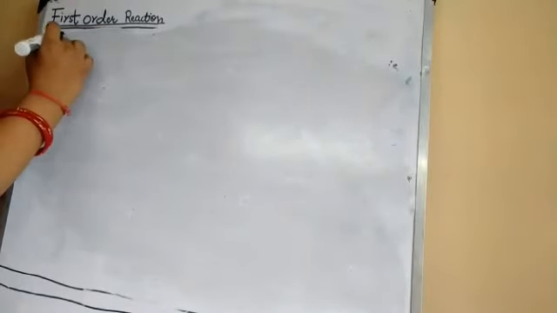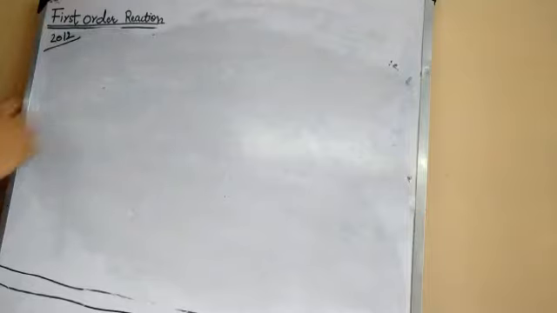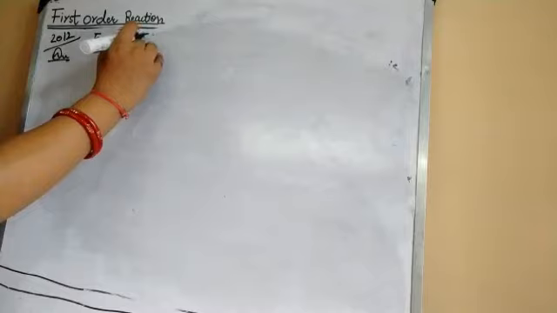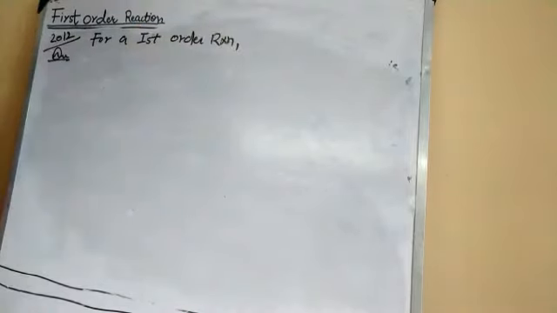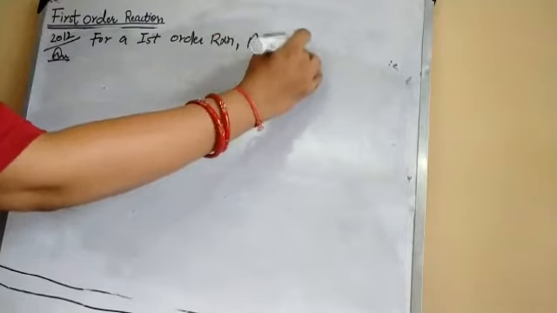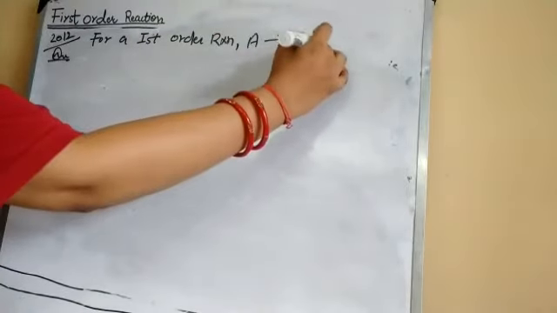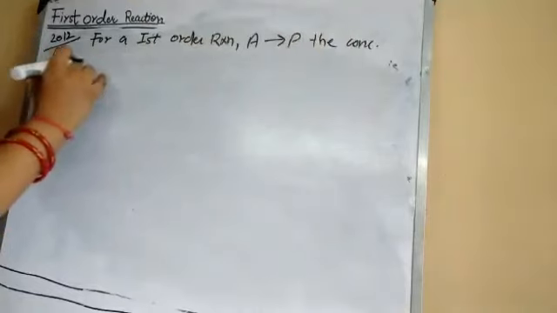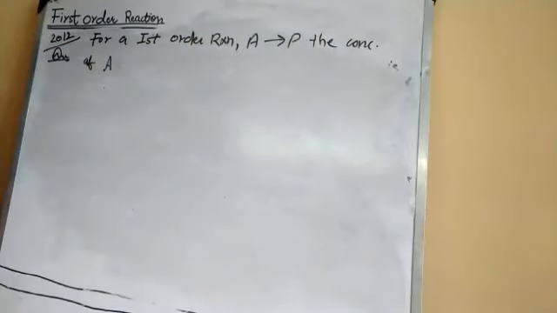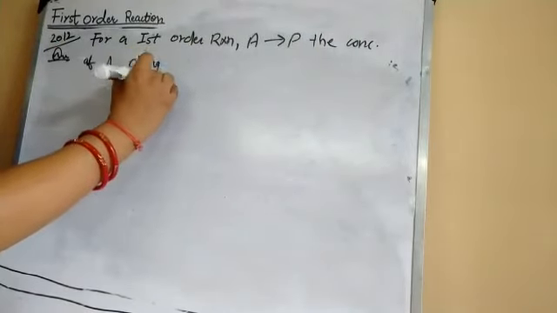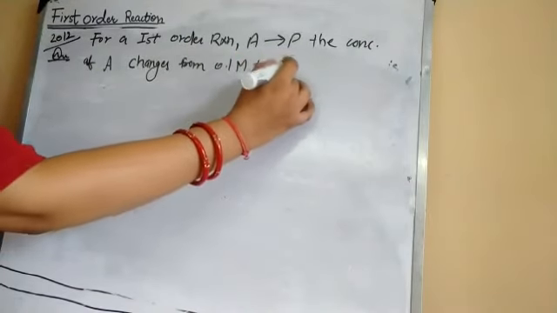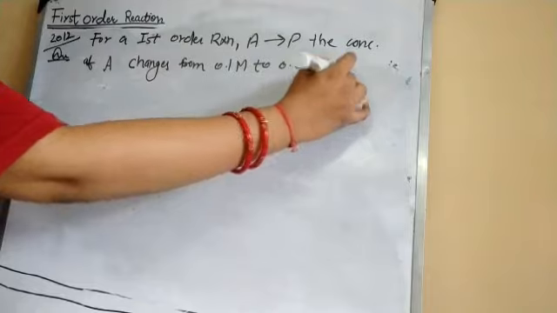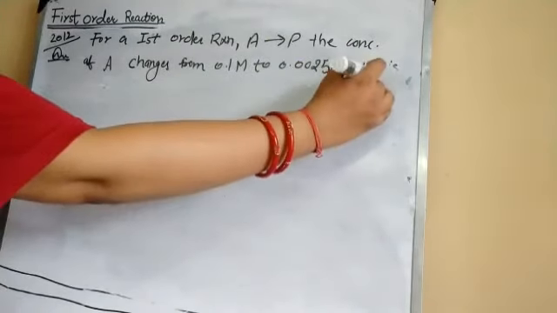One more question we are doing, AIEEE 2012. The question was: for a first order reaction, A changing into product, the concentration of A, the reactant, changes from 0.1 molar to 0.0025 molar in 40 minutes.